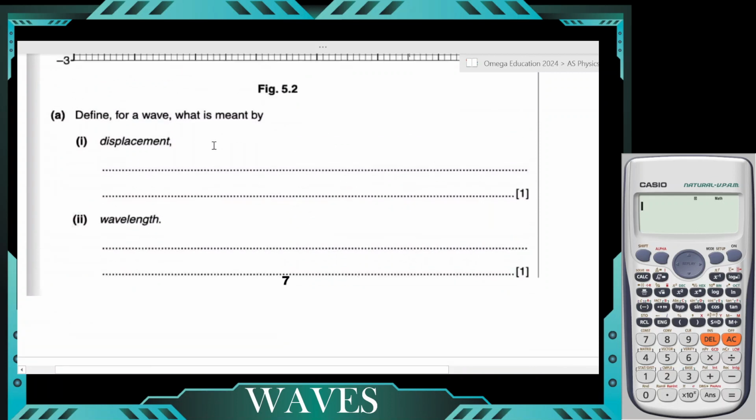So let's check out the first question. Definitions, I'm going to fast forward this. Displacement: the distance of a point on a wave from its mean position. Wavelength: the distance between consecutive in-phase points, or the distance between consecutive crests, or between consecutive troughs.